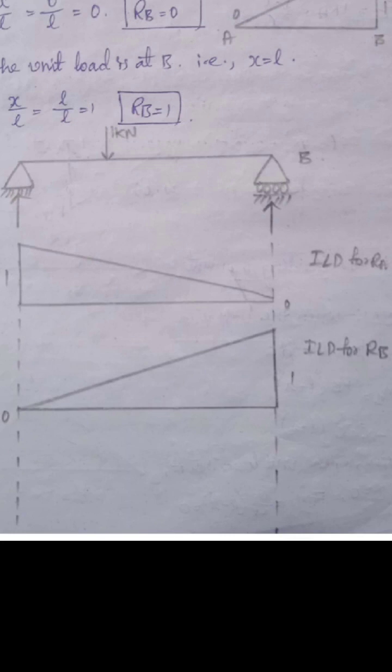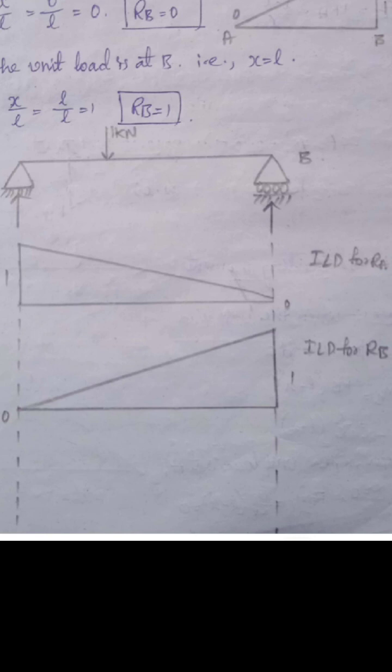So when a unit load is moving from A to B, the influence line diagram for RA will be like this. You can see the figure. At A you will have 1, at B you will have 0, a triangle. And below that it is the ILD for RB. RB value is 0 at A, RB value is 1 at B. So it is obvious that when 1 kilonewton is at A, the reaction will be maximum at A only.